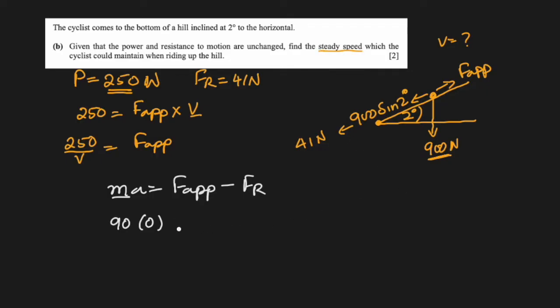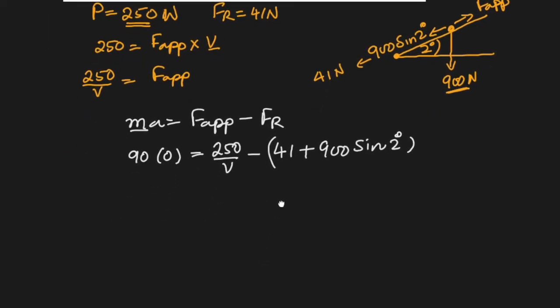Speed is not increasing at all, so 0, equal to applied force, we just got 250 over V, minus resistive force is 41 newtons, right? And there will be 900 sine 2 degrees also. So there are two resistive forces, one applied force, which is this. V is the only unknown thing here.